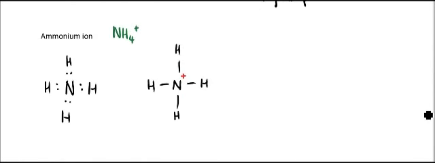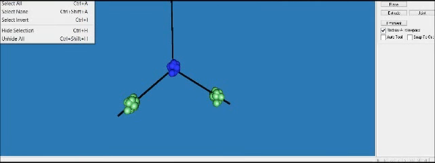Ammonium is a case of 4 regions of charge repelling each other, and in 3D space that forms a tetrahedron. So if we were to draw this one, in 3D it would look like this.